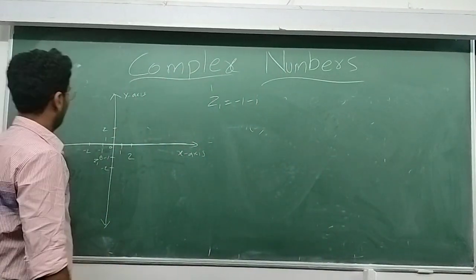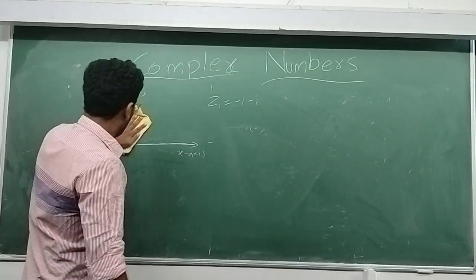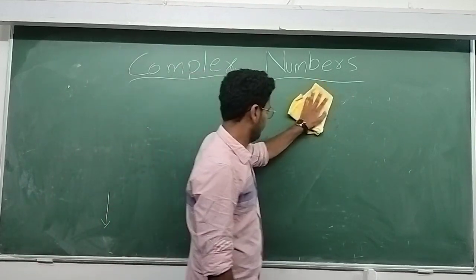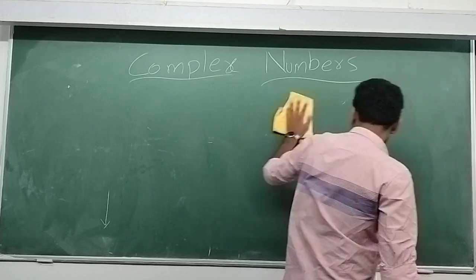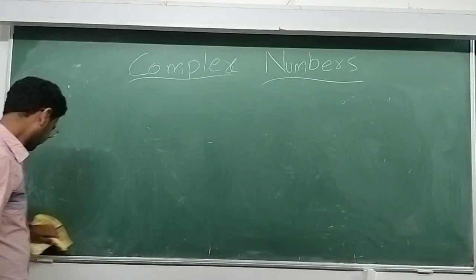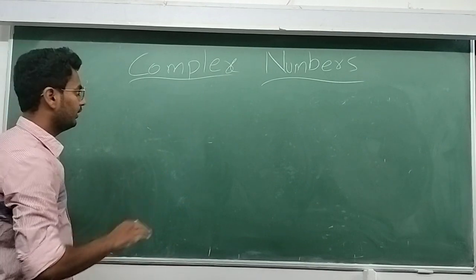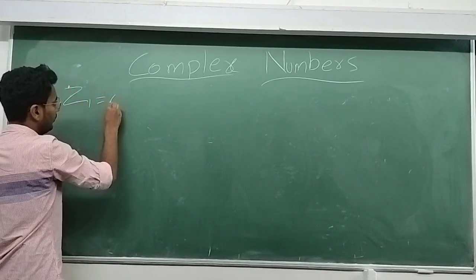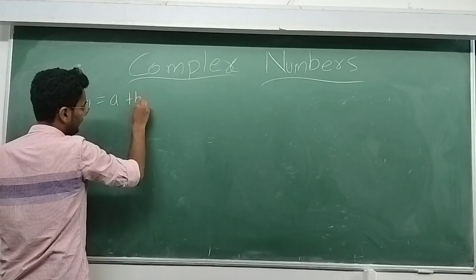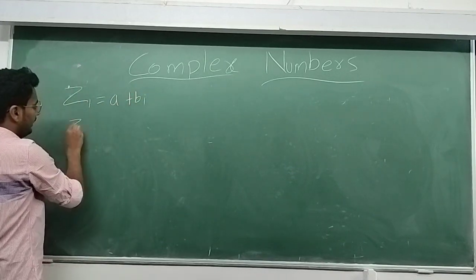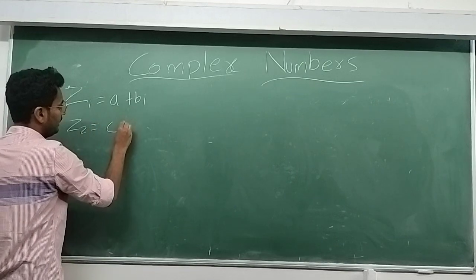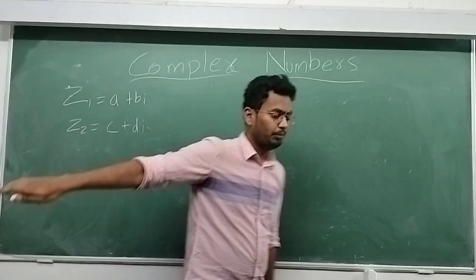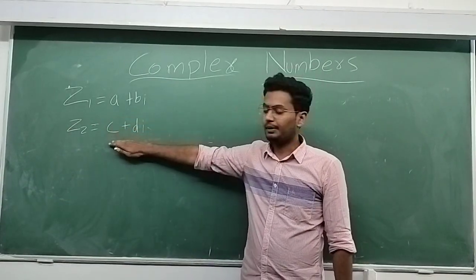Now, when are two complex numbers said to be equal? दो complex number को equal कब कहा जाता है? If we take two complex numbers, suppose z1 equal to a plus bi and z2 equal to c plus di. ये दो complex number को equal कब कहा जाता है?